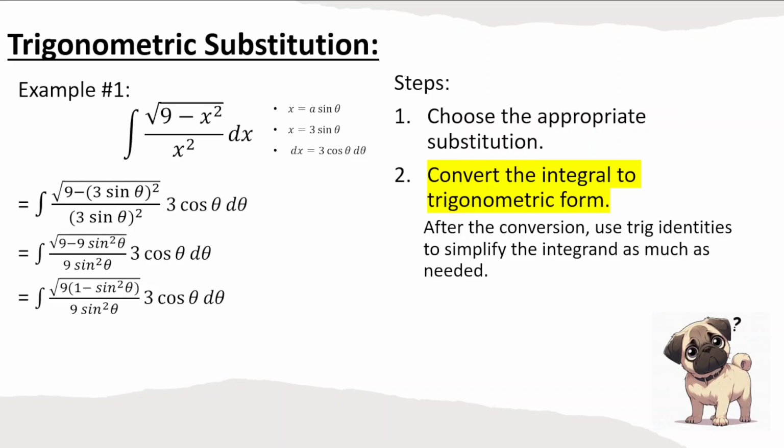Now, the quantity 1 minus sine squared theta, by the Pythagorean identity, is equal to cosine squared theta. So that gives us the square root of 9 cosine squared theta over 9 sine squared theta, times 3 cosine theta d theta.